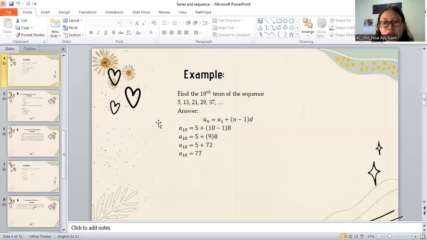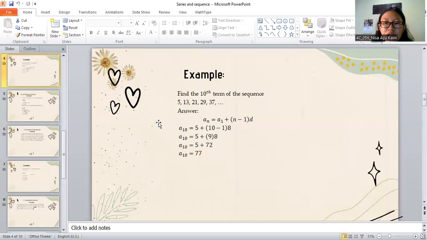We need to identify n, and notice that we are looking for the tenth term, so n equals 10. And finally for the common difference, what you need to do is subtract as I did before, and we have the same difference here, so the result is x.